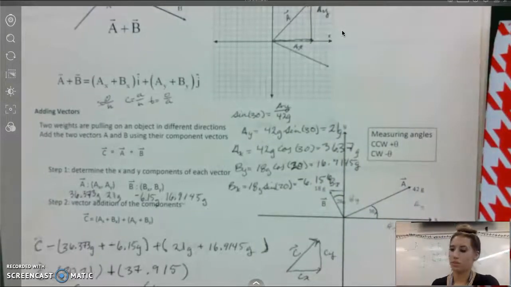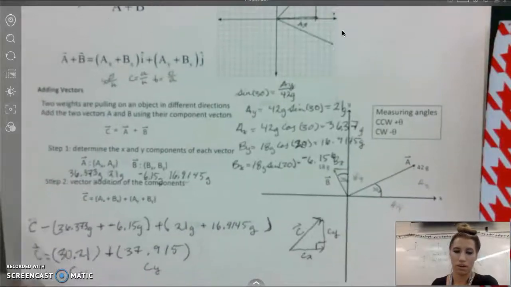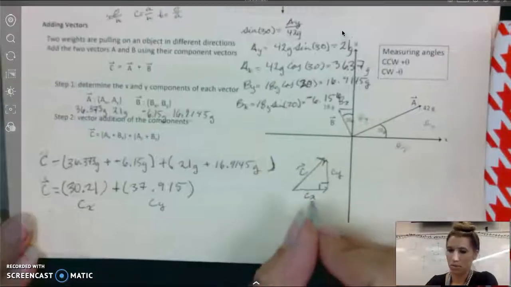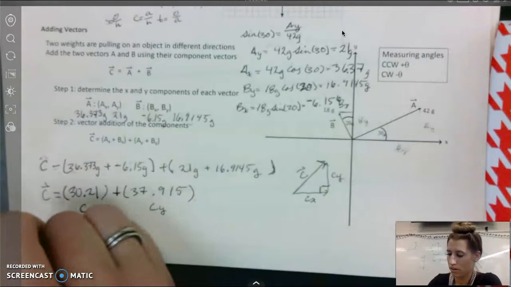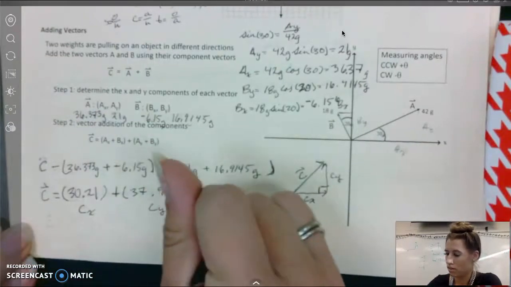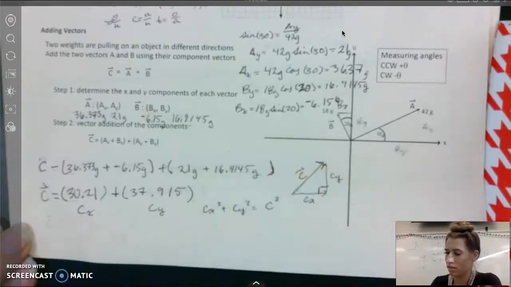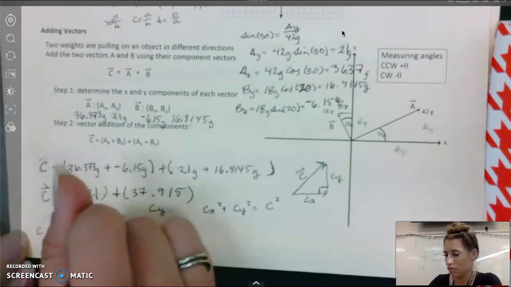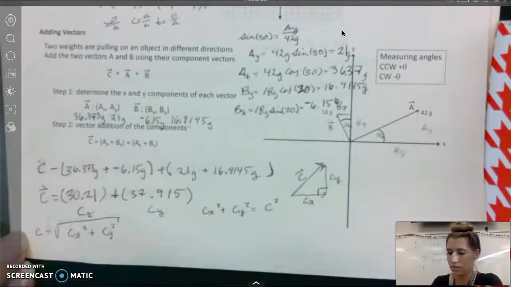And see, we're dealing with another right triangle, and then you're going to go back to the Pythagorean Theorem. You're going to say a squared plus b squared equals c squared, or C x squared plus C y squared equals C squared, or C is equal to the square root of C x squared plus C y squared.